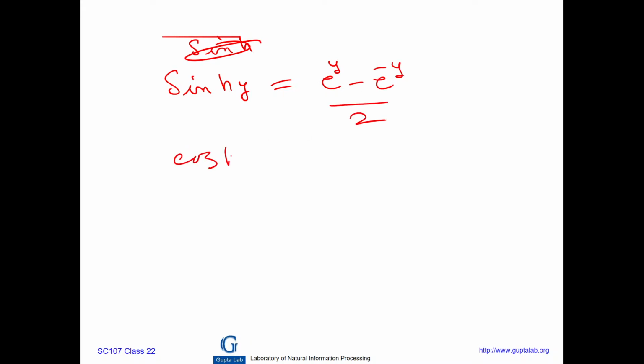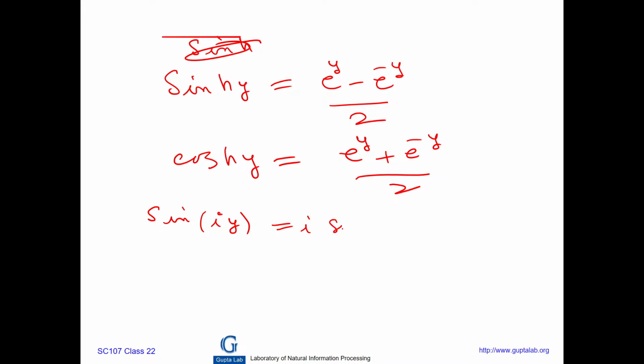Also we have hyperbolic functions. You remember sine hyperbolic y is equal to e raised to power y minus e raised to power minus y divided by 2, and cos hyperbolic y. These are the well known formulas. You have been using these in high school, in JEE, right? So we can define sine of iy from here as i times sine hyperbolic y.